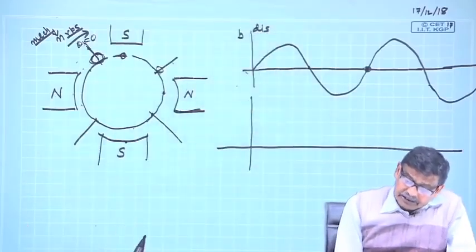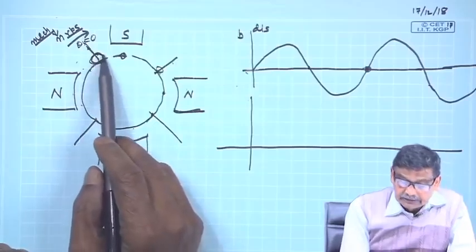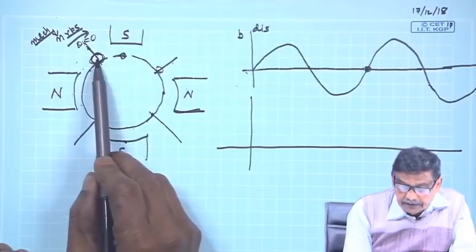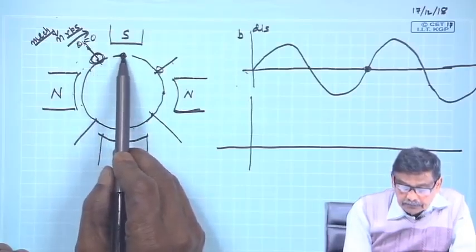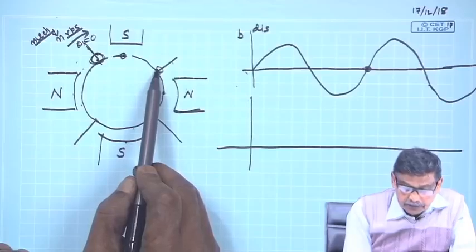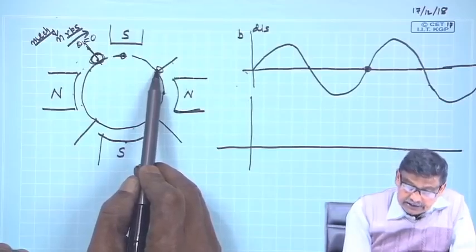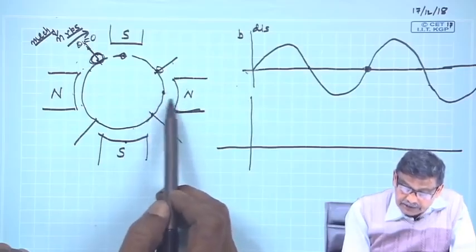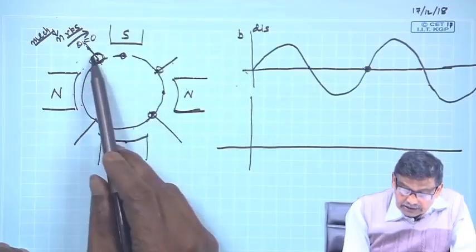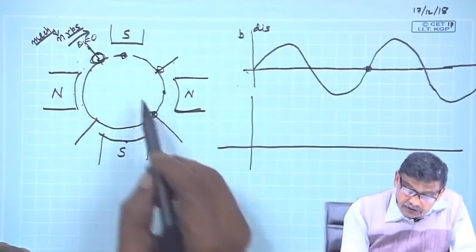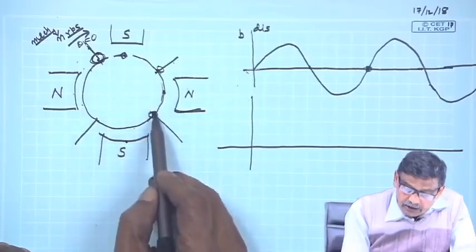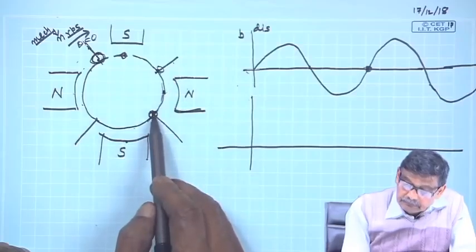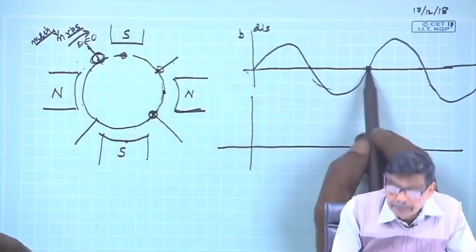Now, you see, when the conductor moves a pair of poles, that is, it starts from here, reaches maximum, reaches 0 in one polarity of the voltage, then it reaches maximum and reaches 0 in the negative cycle. That is, the conductor has crossed only a mechanical angle of 180 degree and a complete cycle of EMF is available.